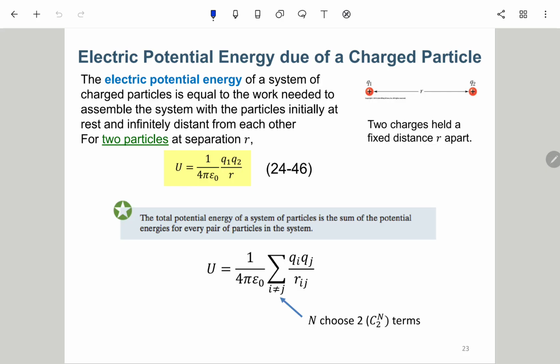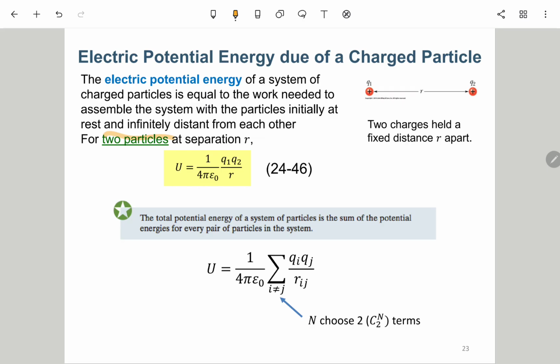So for example, if we have only 2 particles, placing the first one you don't need to do any work, because there's no other E field in the space. So there will be no force acting on this charge. If you try to move that charge into a position without the other one, then you don't need to do any work.